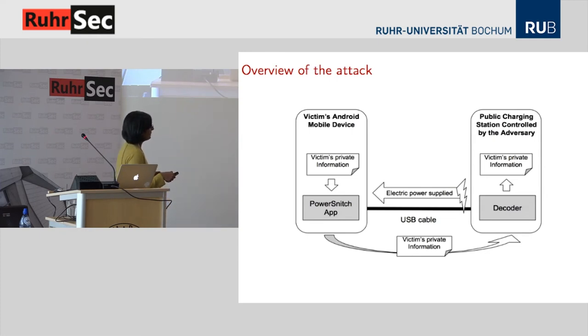PowerSnitch will then encode the information and send it to the public charging station. It will be decoded and then retrieved on the adversary side. In the next few slides, I'm first going to start with the PowerSnitch app, explain how it is built and designed, and then move on to the decoder side and tell you more about how the signal, the power bursts, are processed.